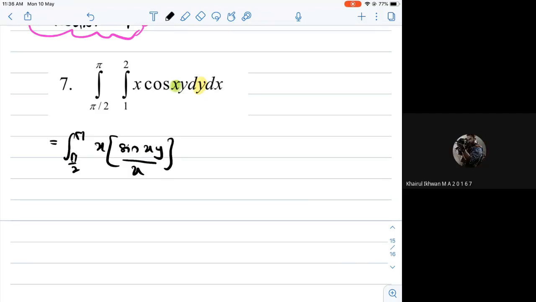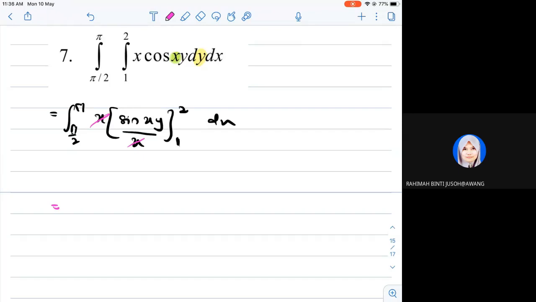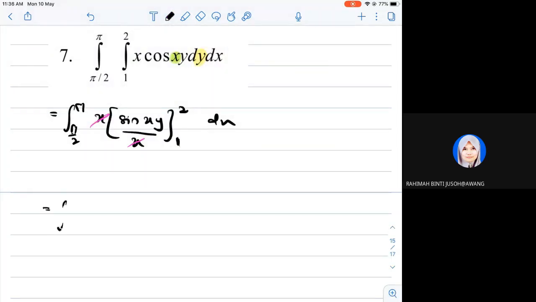Faham. Ini basic tau, basic. Saya nak you expert benda ni. Bila you master basic ni, keluarlah soalan macam mana pun you boleh jawab nanti, insyaAllah. So kat sini dah boleh cancel dah. Ni dengan ni cancel. Lepas tu proceed je lah. Sama dengan pi per 2.